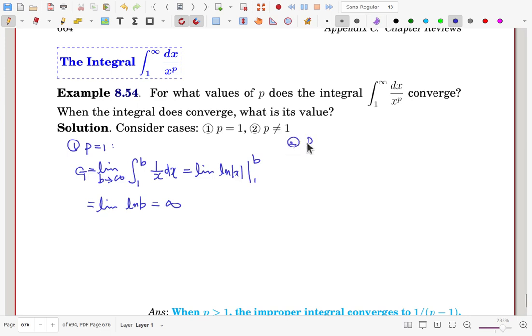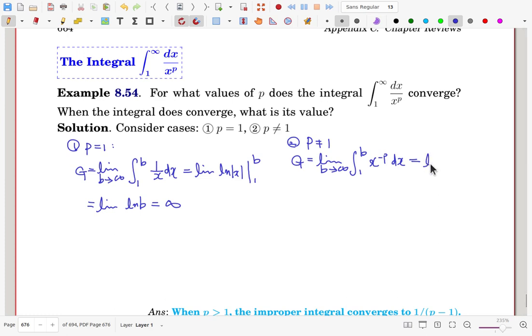Secondly, now p is not 1. Then the given integral can be written with the same limit, b approaches infinity, from 1 to b, and 1 over x to the p can be written x to the minus p dx. The antiderivative of that is the reciprocal of minus p plus 1 times x to the minus p plus 1.